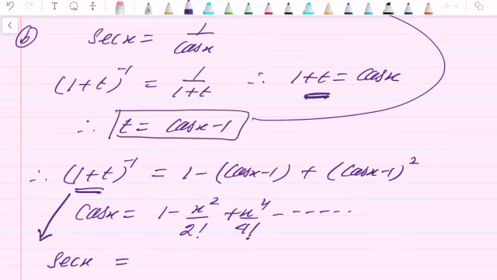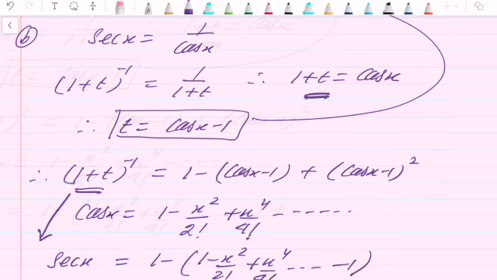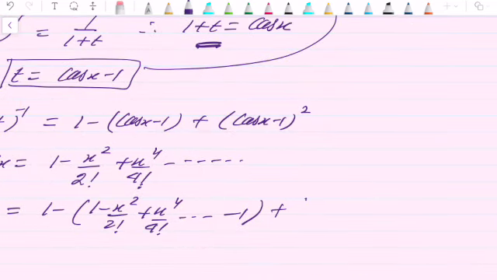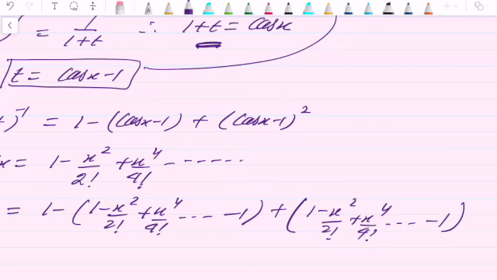So secant x is equal to 1 minus (1 minus x squared by 2 factorial plus x4 by 4 factorial and so on minus 1) plus (1 minus x squared by 2 factorial plus x4 by 4 factorial and so on minus 1) whole square.